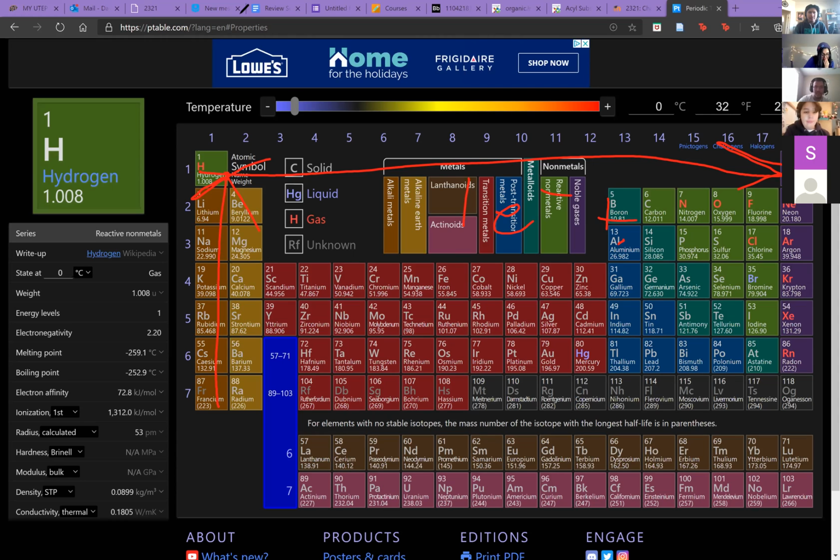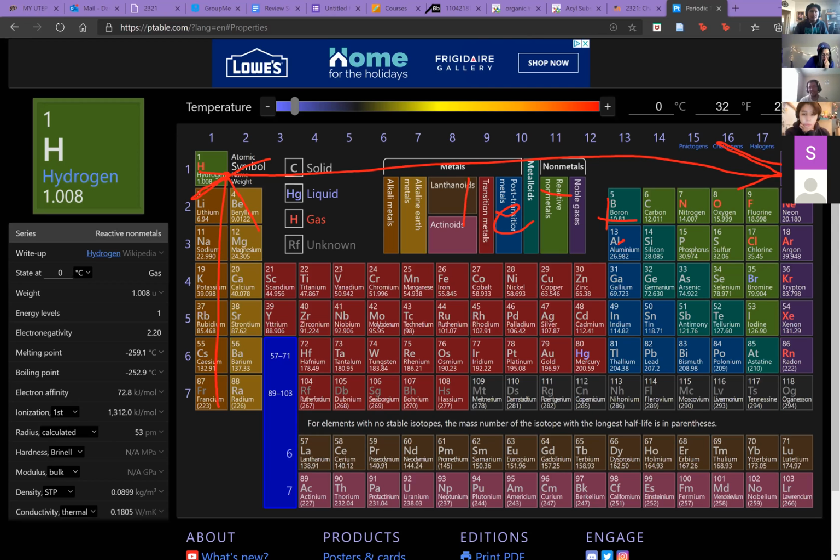And then electron affinity is strongly correlated with electronegativity. It's basically the amount of energy that is released when it accepts an electron, or the amount of energy needed for that electron. So which one would release the most energy when it gets an electron?